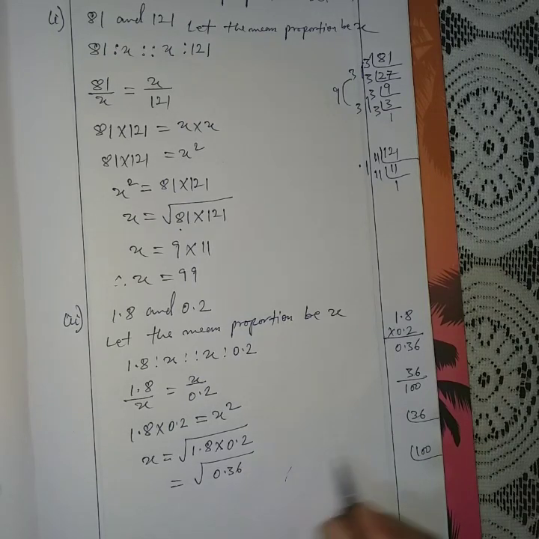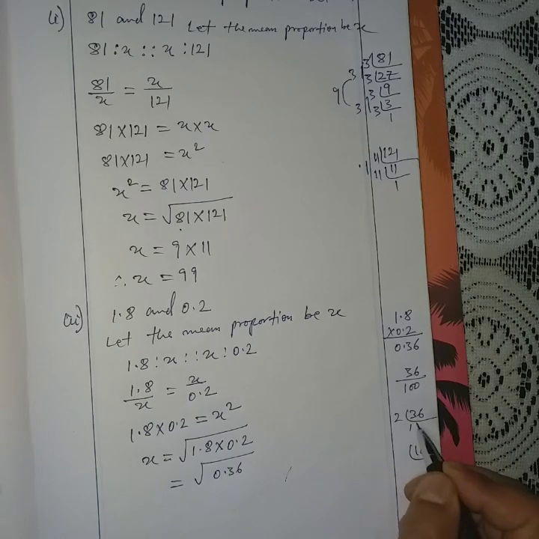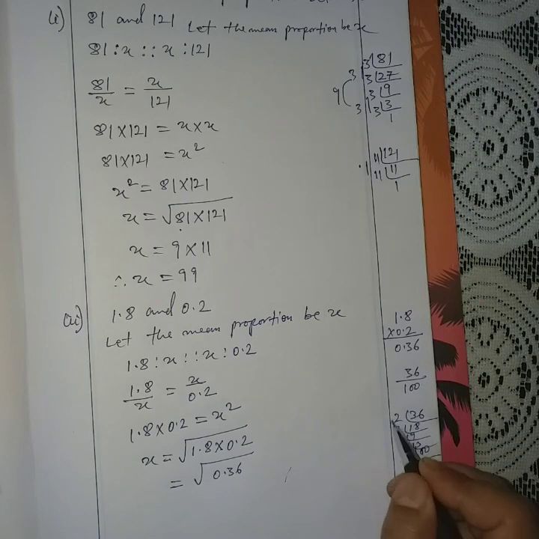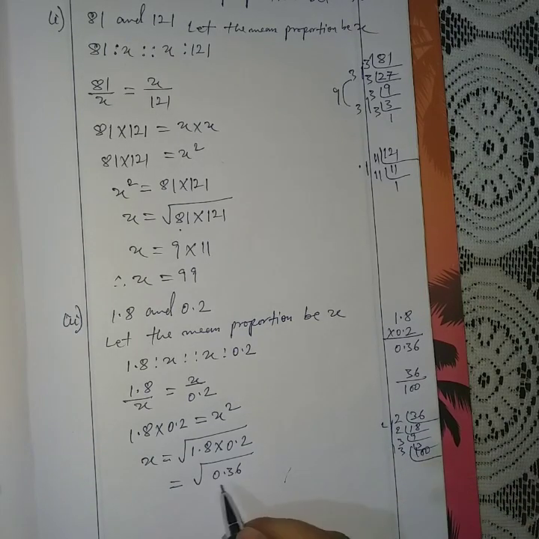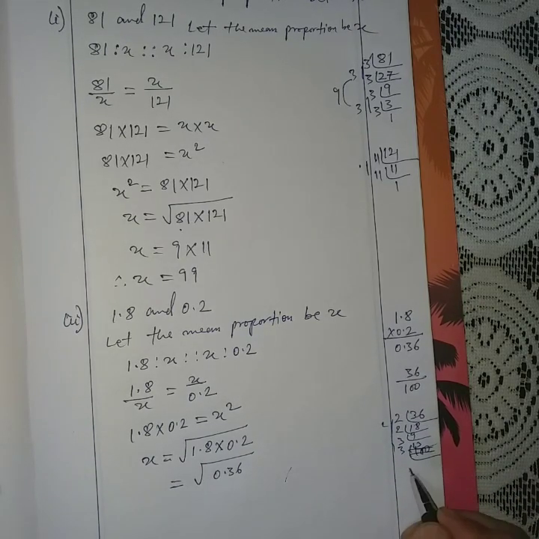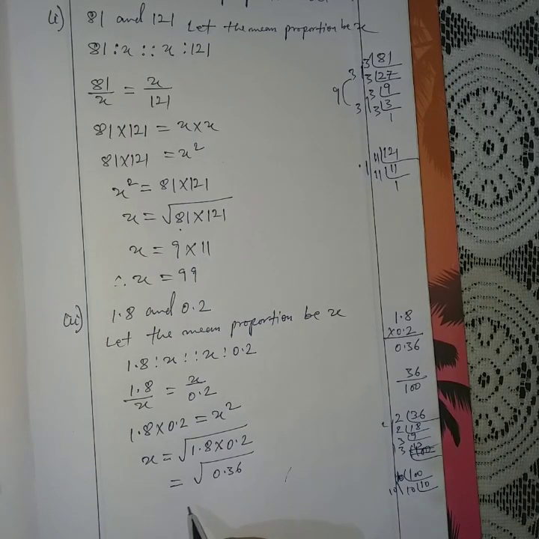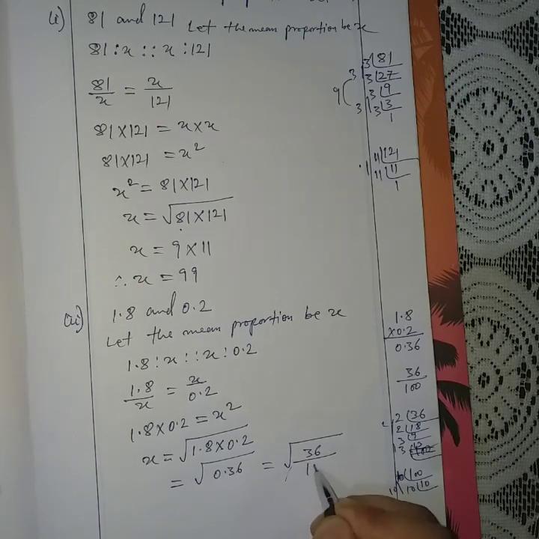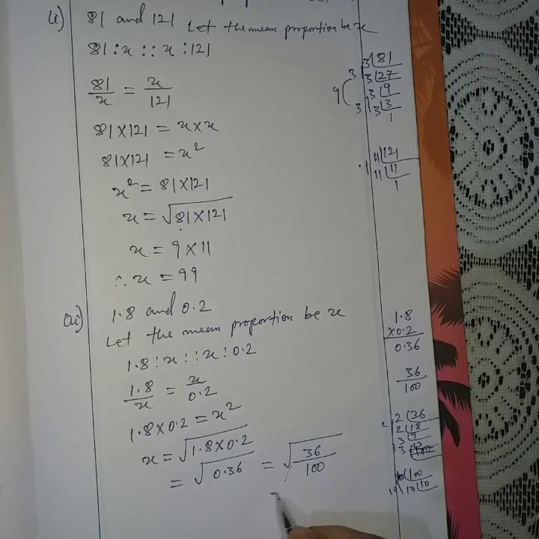Square root of 36 is 6, since 2 18 times, 2 9 times, 3 3 times, so 2 and 3 gives 6, and square root of 100 is 10.